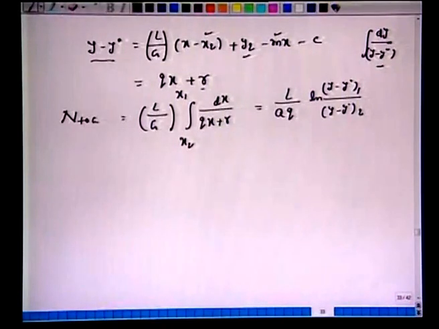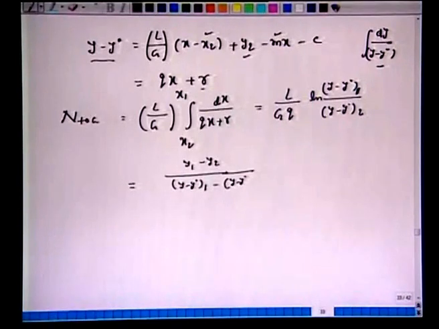So, here we again have L by G q, this q comes after the integration. When you substitute the limits and use the previous expression for the operating curve to obtain y minus y star at 1 and at 2, this will also equal y 1 minus y 2 over the log term. Again you go back and substitute the previous equation from the operating line. It's simple mathematics; as an exercise, you should try this.